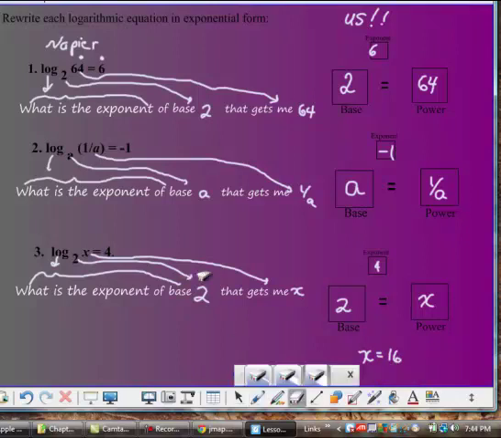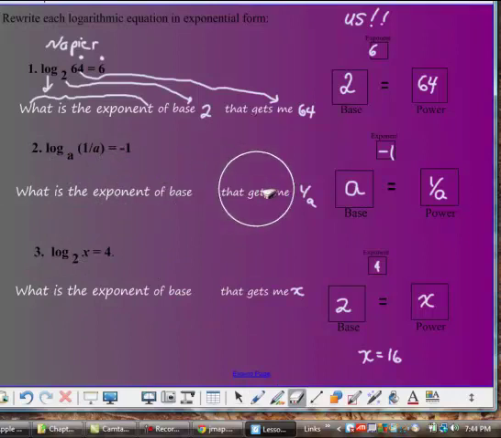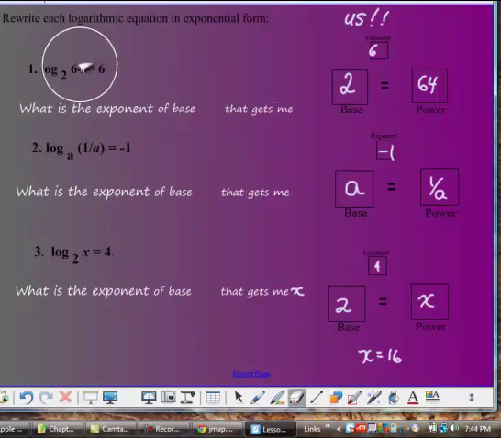Now, I had a kid up in New Hampshire, and his name was Josh. And Josh didn't get logs at all. He never got them right. He never knew what to put where. So Josh, who was the son of a logger, invented something called roll the log. See, his dad was somebody who went out on the side of the hills in New Hampshire and cut down the trees.